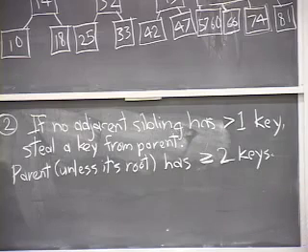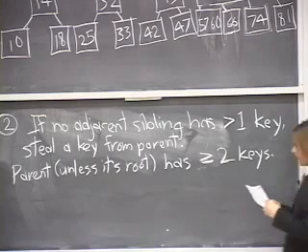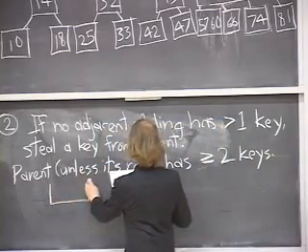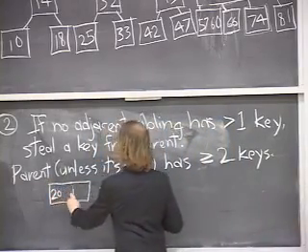So we know the parent has 2 keys because we treated it the same way. And so here's how we do the stealing.